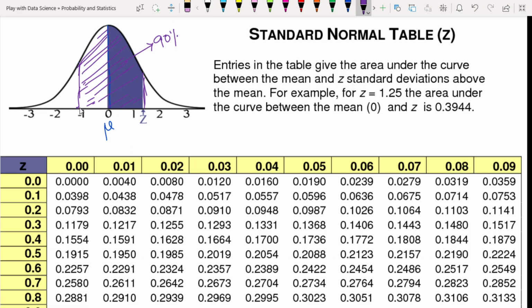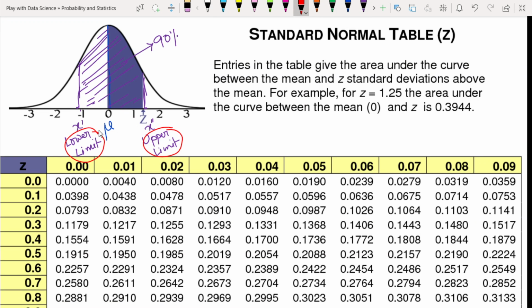Suppose this value we are interested in is x dash and this side value is x double dash. This is called the lower limit, and this side is called the upper limit of our confidence interval.